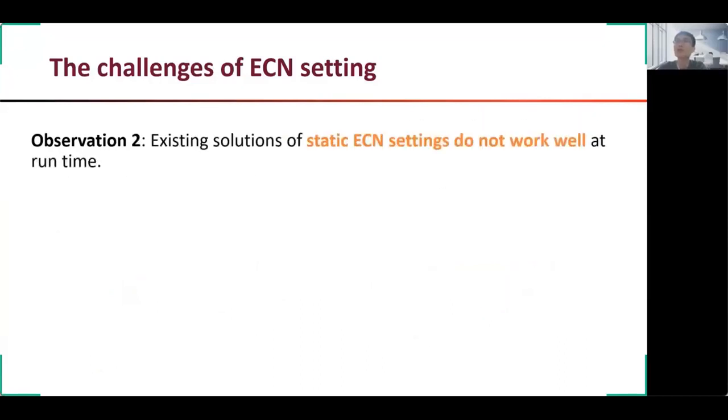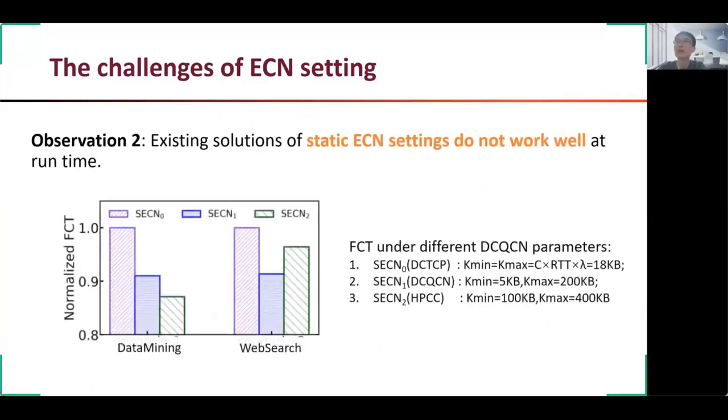The second observation: we prove and explain that existing solutions with static ECN settings are not adaptive to variable workloads. In the experiment, we use three kinds of ECN settings from papers, as shown in this figure. SECN2 achieves the lowest FCT in the left scenario, but SECN1 achieves the best result in the right scenario.